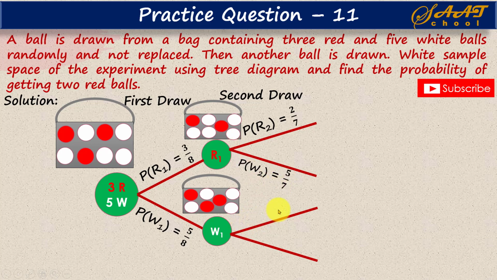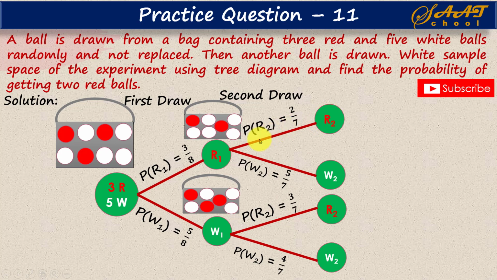Same here, probability of red in the second draw, we have 3 red balls and all together 7 balls. And we do the same for this one, probability of white in the second draw, we have 4 white balls, so this is 4 and all together 7. So this is how we do the tree diagram, branch by branch.